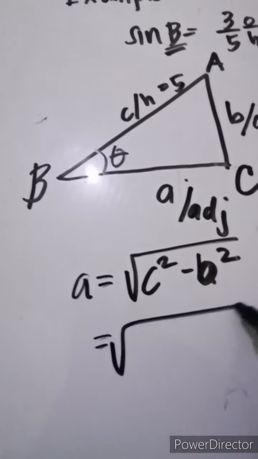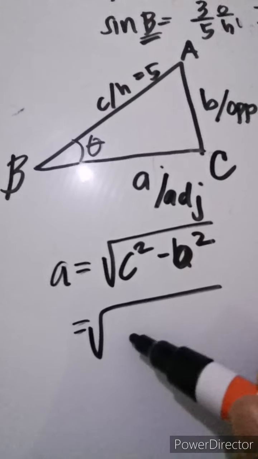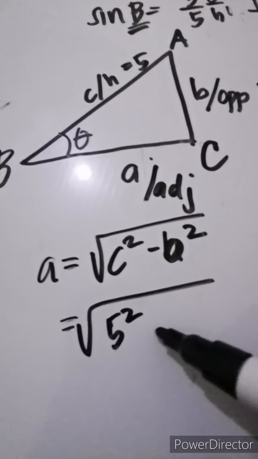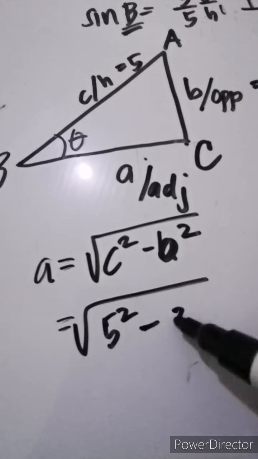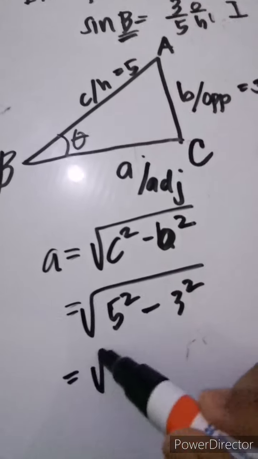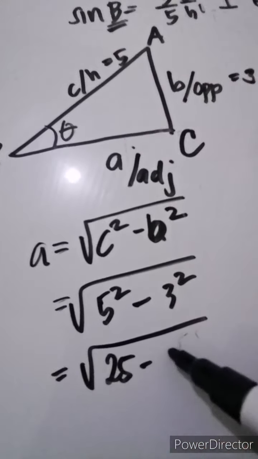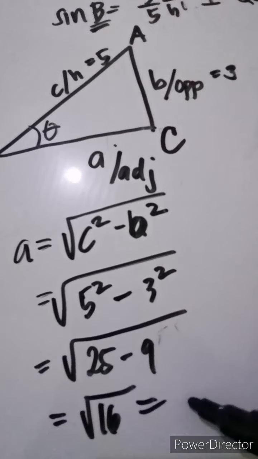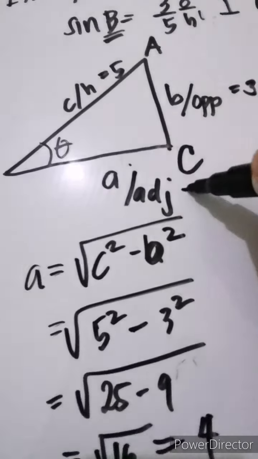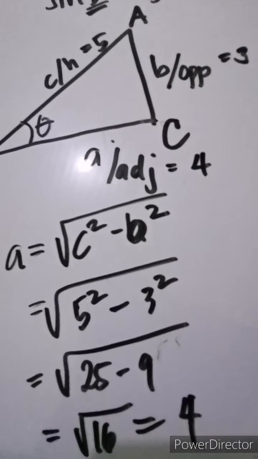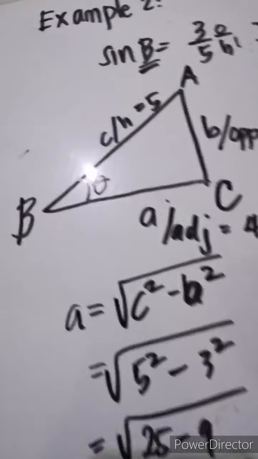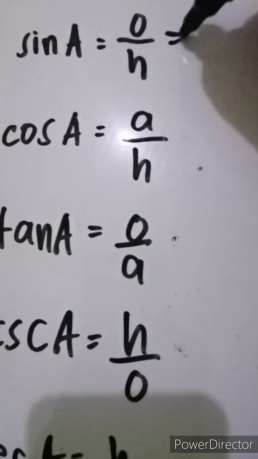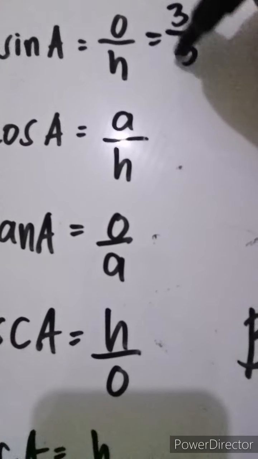So, C squared is equivalent to 5 squared minus B squared is 3 squared. So, 25 minus 9 is equal to square root of 16 or 4. Therefore, our value of A is 4. So, hindi na natin dito ilalagay kasi ang given na natin is 3 over 5.